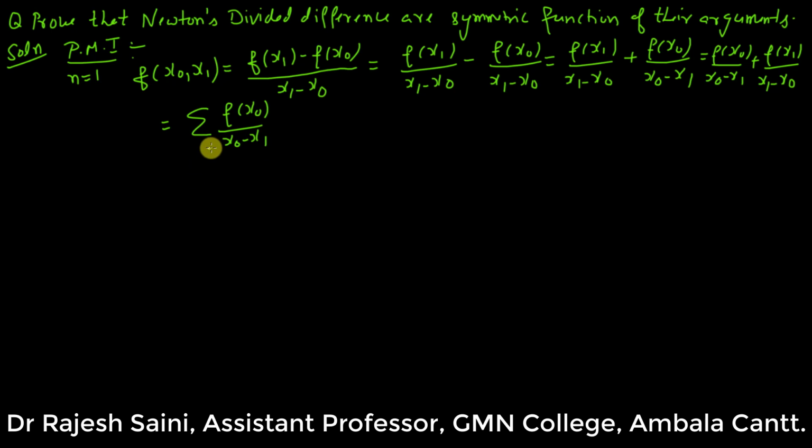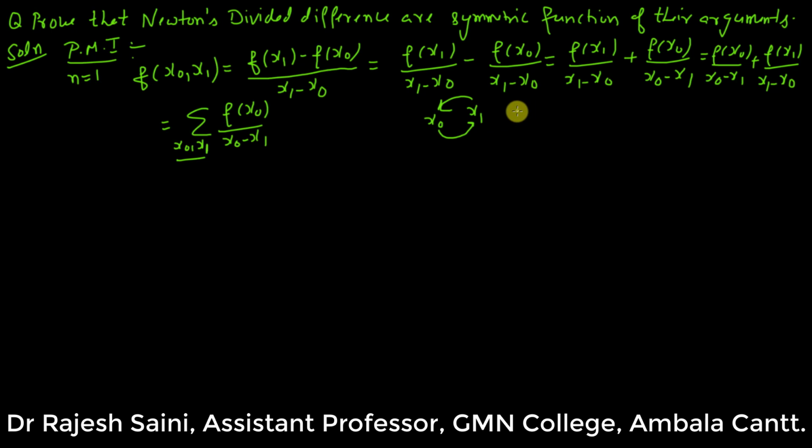Fine. And here you could write which elements are in symmetric order. x0 and x1 are in cyclic order, like after x0 you will get x1 and after x1 you will get x0. So you will write below the summation x0, x1. So this could be written as the summation starting from x0.